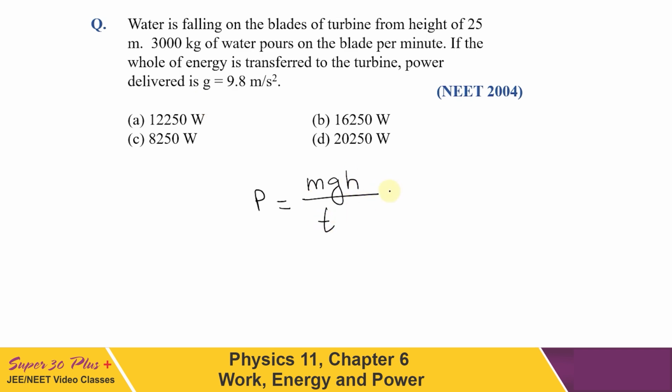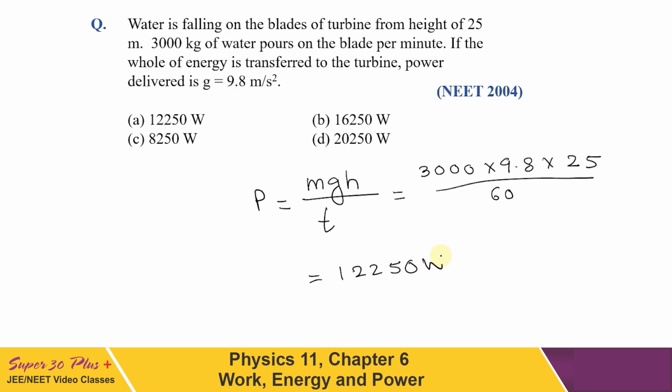Now if we substitute these values, it will be 300 into 9.8 into 25 upon time, which is per minute, so it has to be 60. On substituting all the values, it will come out to be 12250 watt, which is our option number 1.